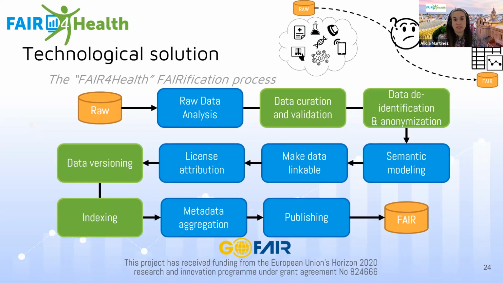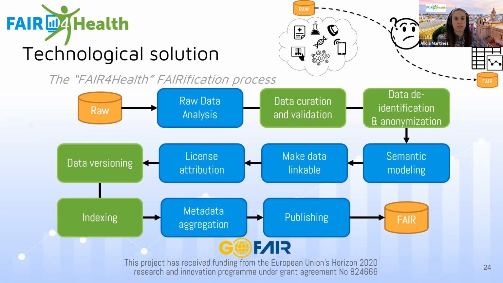To address the translation from raw data into FAIR data, we have defined the FAIR4Health verification process. GO FAIR defined a verification process without considering specific requirements that may arise when dealing with particular types of data, in our case, health data.